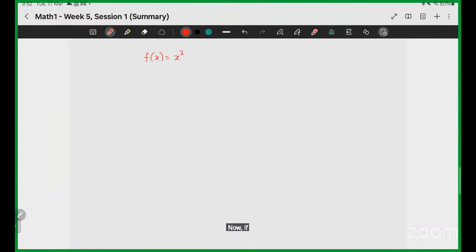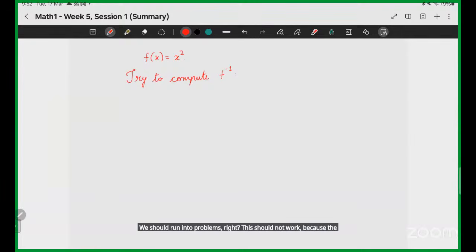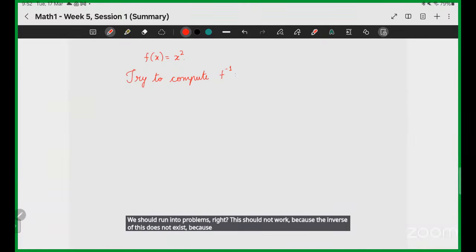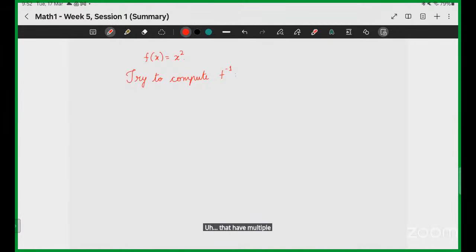Now if I use the same algorithm to try to compute the inverse, we should run into problems, right? This should not work because the inverse of this does not exist, because there are elements in the codomain or in the range that have multiple pre-images. In fact, almost all of them do have multiple pre-images.